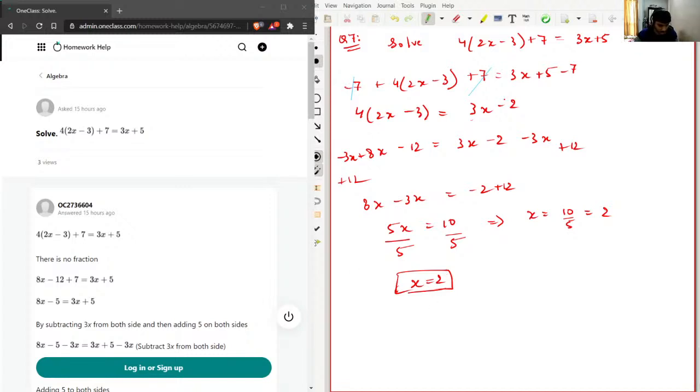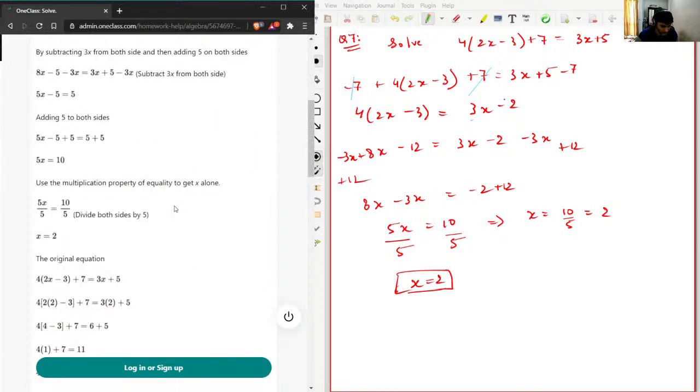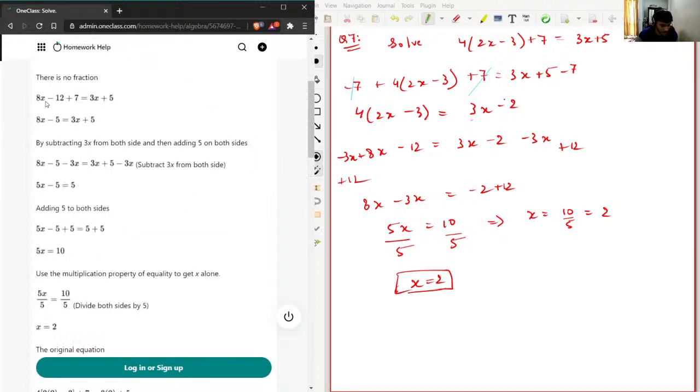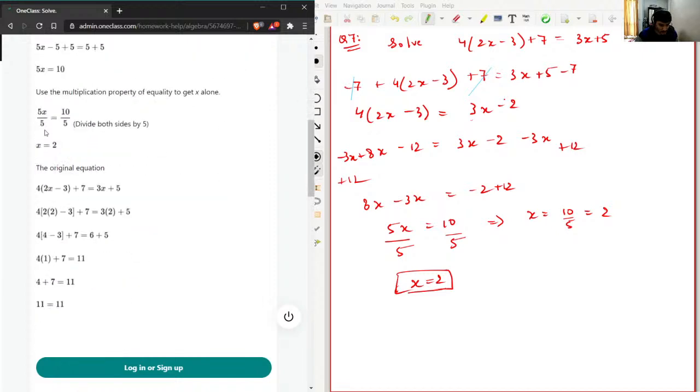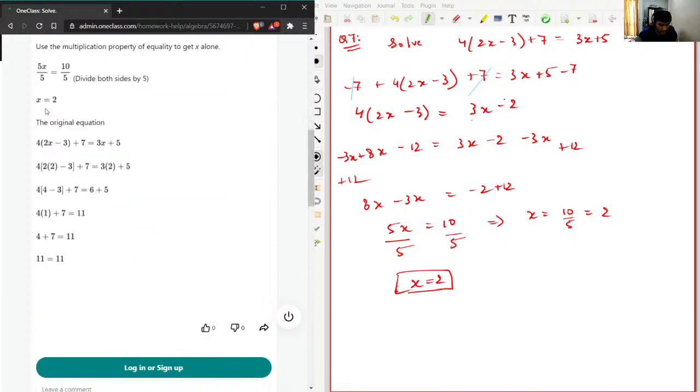So let me just check the solution given here. So 8x minus 12, okay, so in the first step only they just multiplied the 4, then they subtracted 3x, the final is x equal to 2. Okay, so we can definitely check whether the solution we got, x equal to 2, is correct or not.